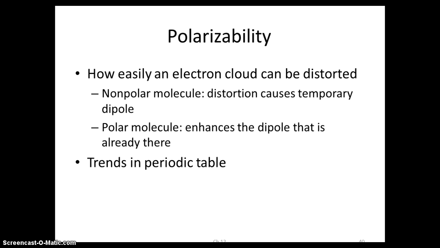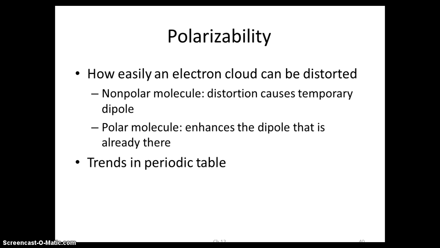So we talked a little bit about how in a nonpolar molecule, you can have the sort of distortion of the electron cloud, this sloshing of electrons. And that is called polarizability. So it's how easily an electron cloud can be distorted, or the electrons slosh to one side. So it's a temporary dipole.